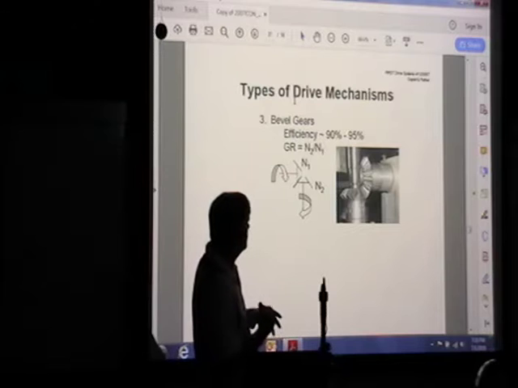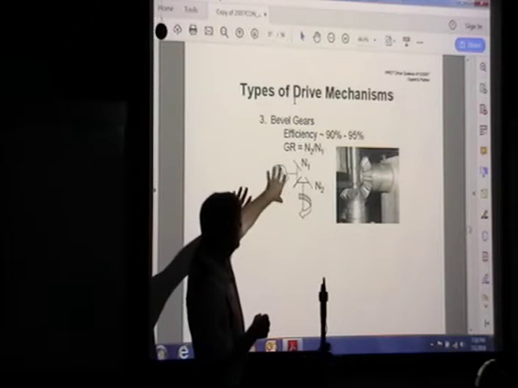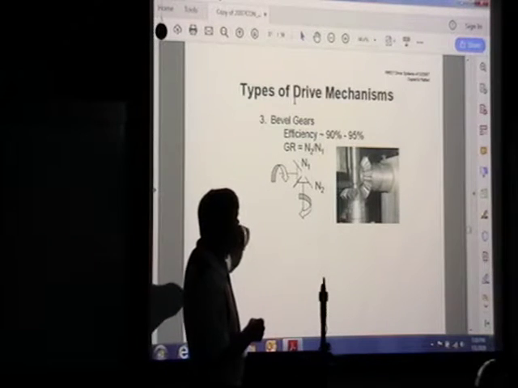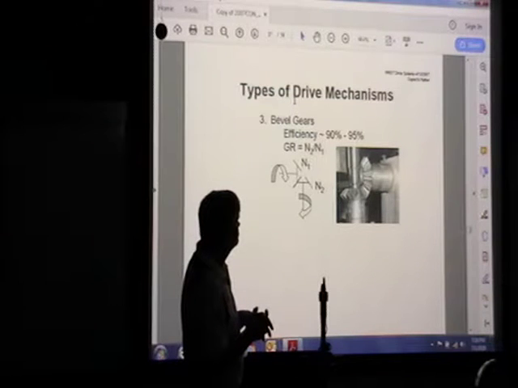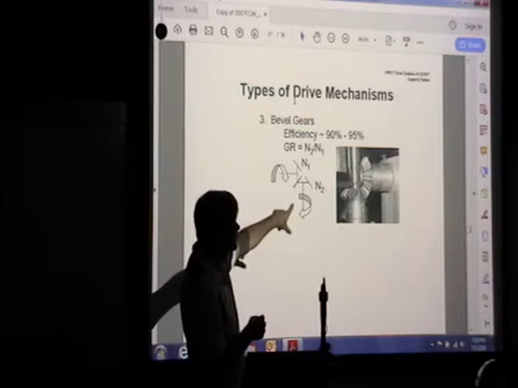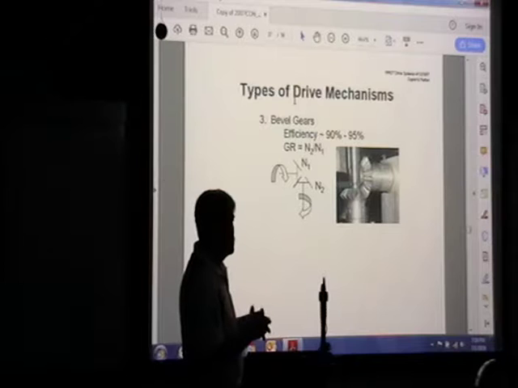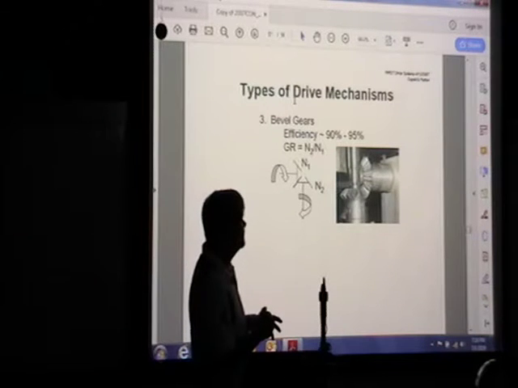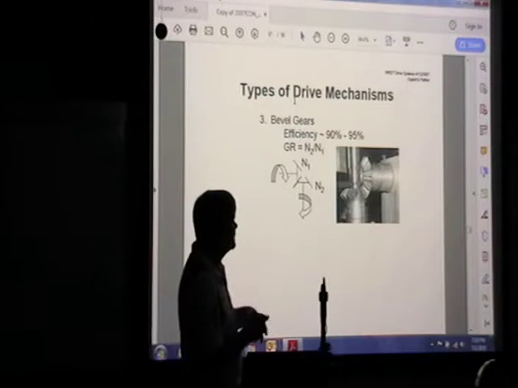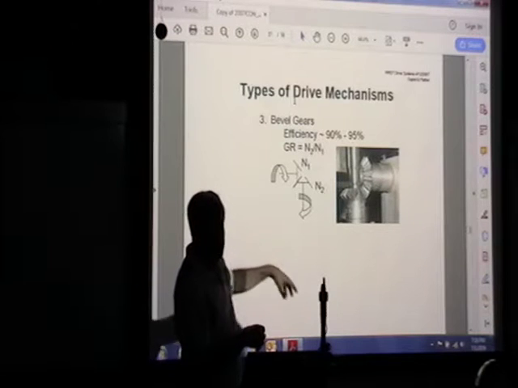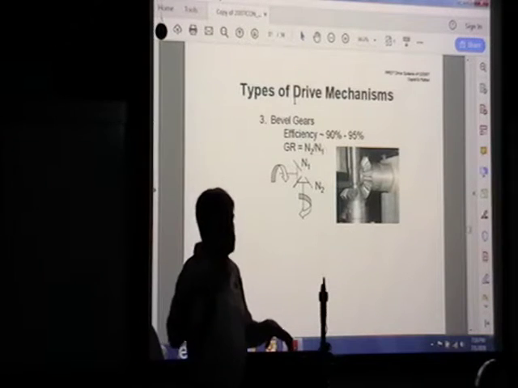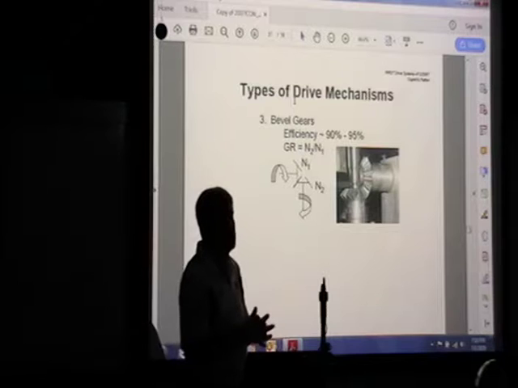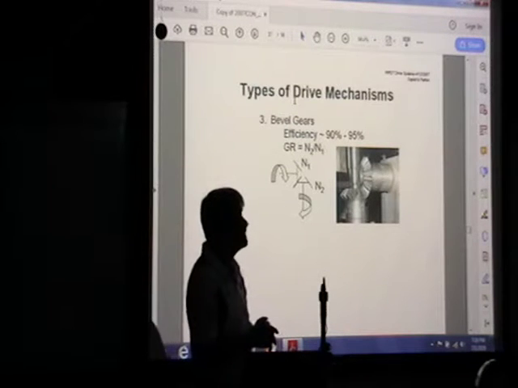Your bevel gears here, efficiency 90 to 95%, somewhere in there. There again, you can get some ratios, but your ratio sizes are much more limited in the bevel gears. You could see in the mechanism we covered before, there were bevel gears and additional gearing outside those bevel gears, so you could take advantage of that.